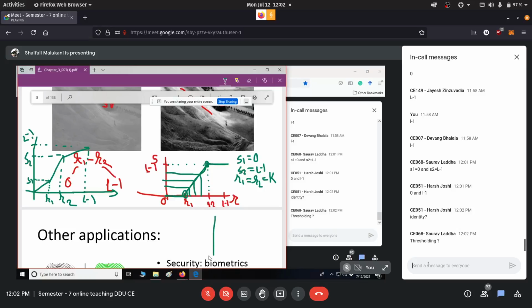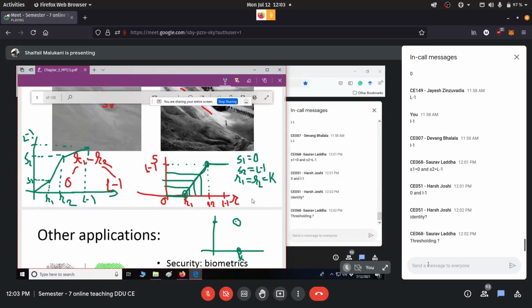It is a thresholding operation. I can show you that. What I want, S1 is 0, so the first point is 0. Another point is going to be L minus 1 somewhere. Now R1 is mapped with S1. R1 is K. Somewhere here is K. So K is mapped with 0, and it will be this point. R2 is mapped with S2, so R2 is mapped with L minus 1.